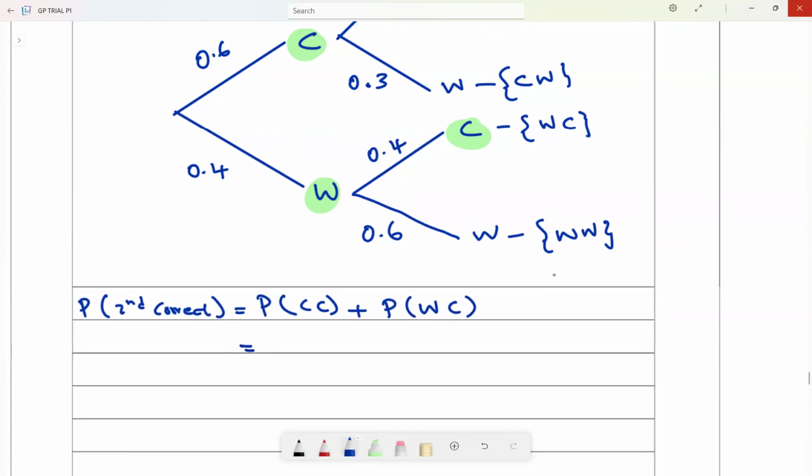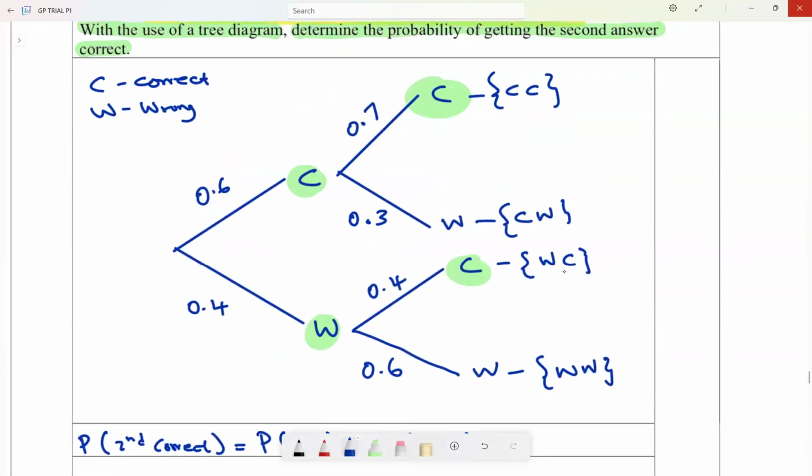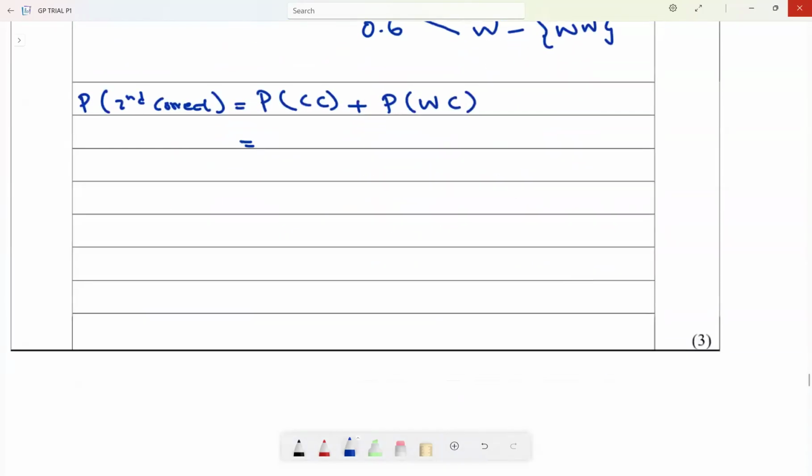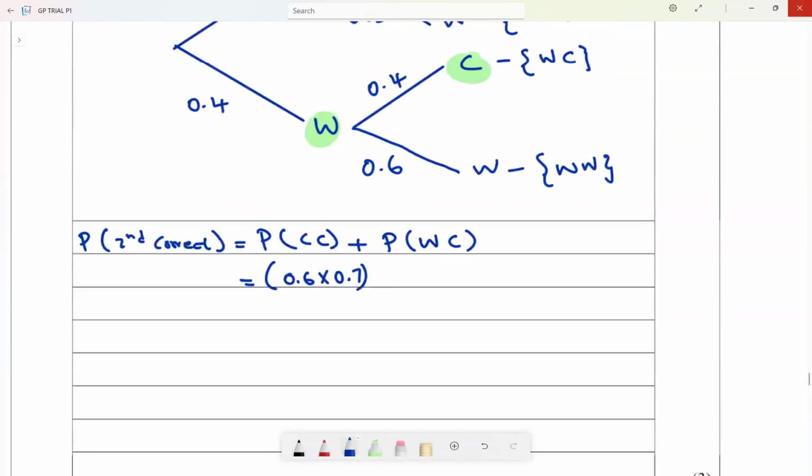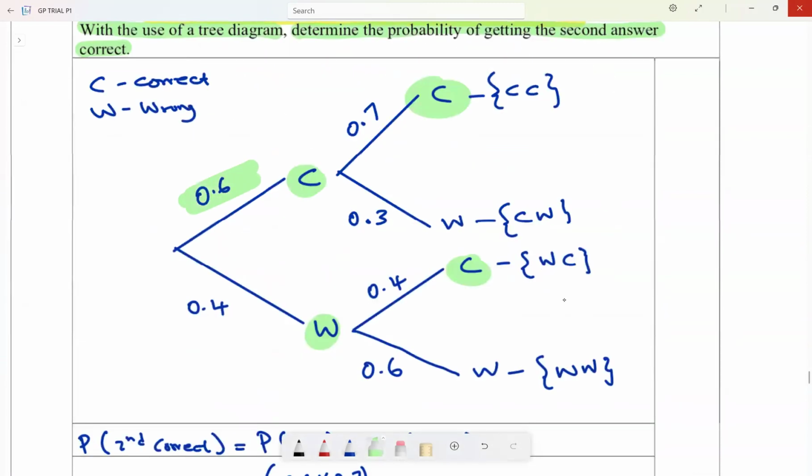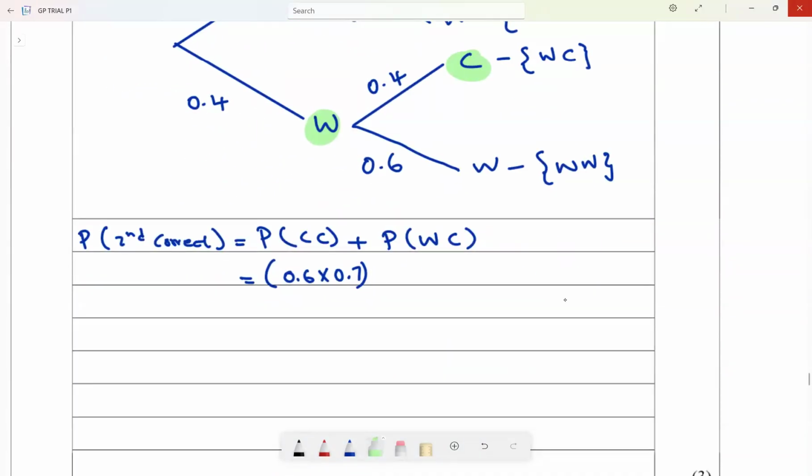And then, what is the probability of correct? It is 0.6 multiplied by 0.7, because correct is this and this. Okay? And then getting the first one wrong, but the second one correct, it is 0.4, 0.4.